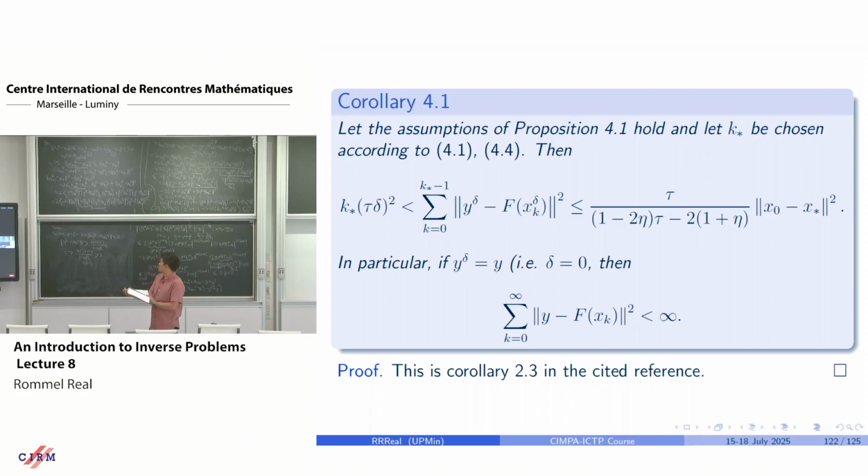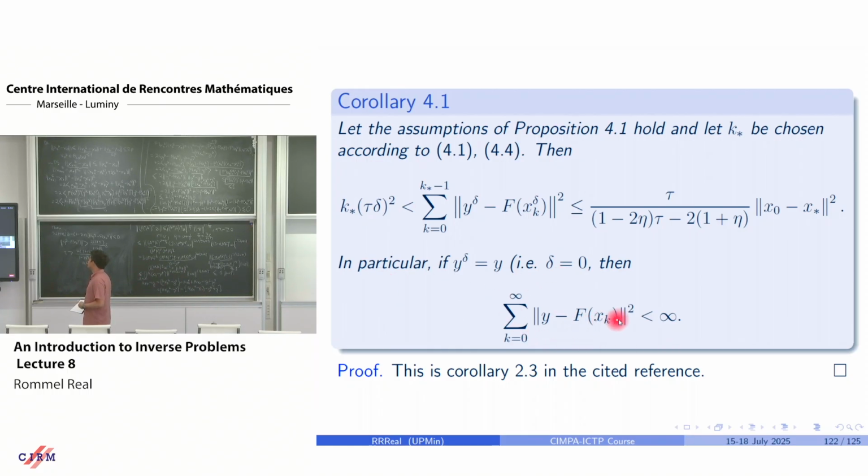And also in particular, if we have exact data, that is, if y delta is equal to y, then we have this result here, that the sum of the residuals to infinity must be finite.